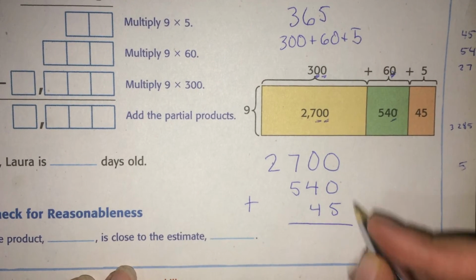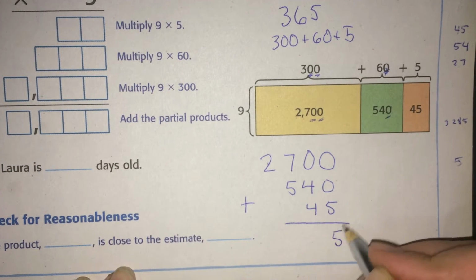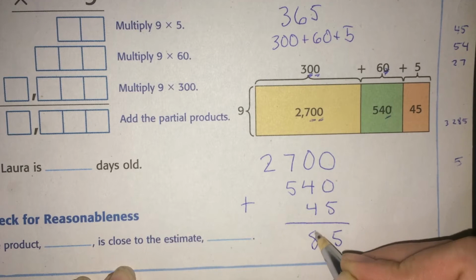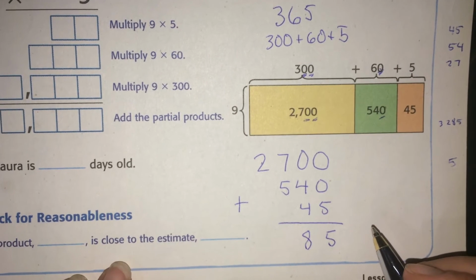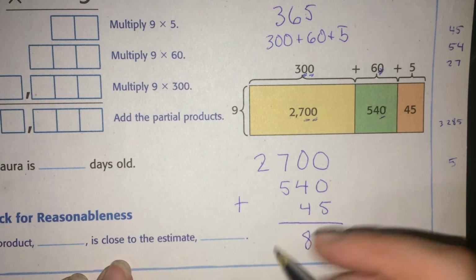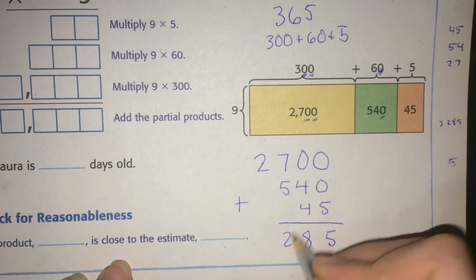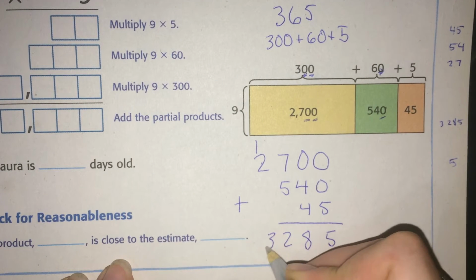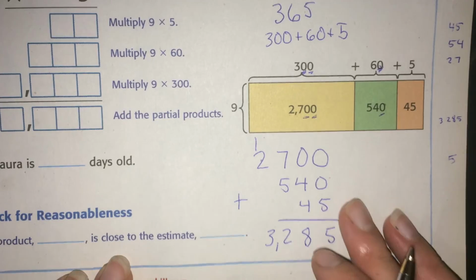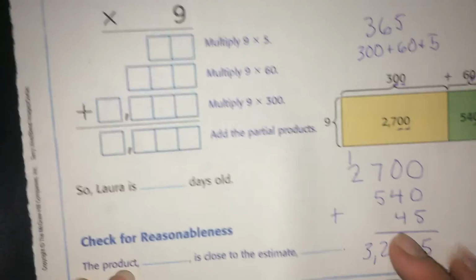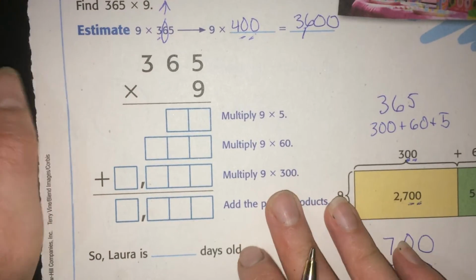So 0 plus 0 plus 5. 4 plus 4 is 8. 7 plus 5 is 12. Carry the 1. 3,285.